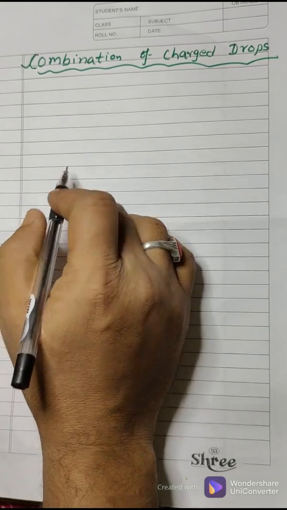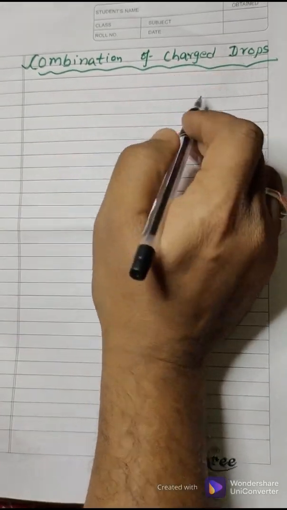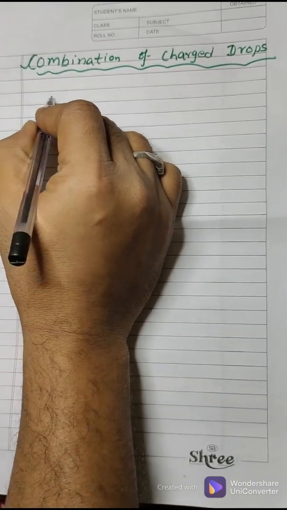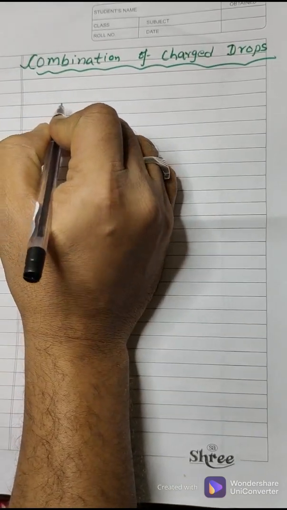Now the next topic is combination of charged drops. Let us consider n number of charged drops combined to form a single big drop.